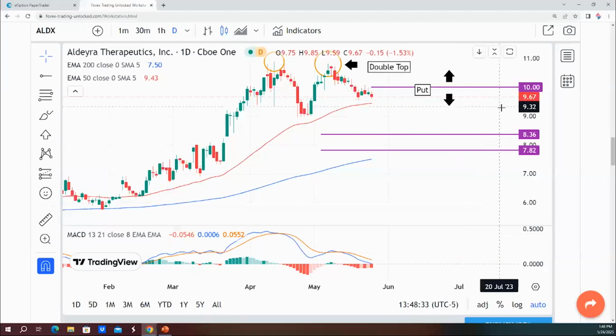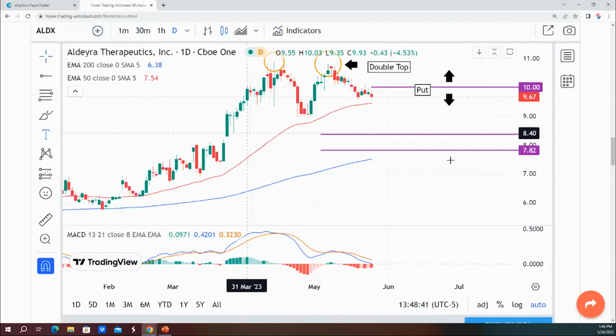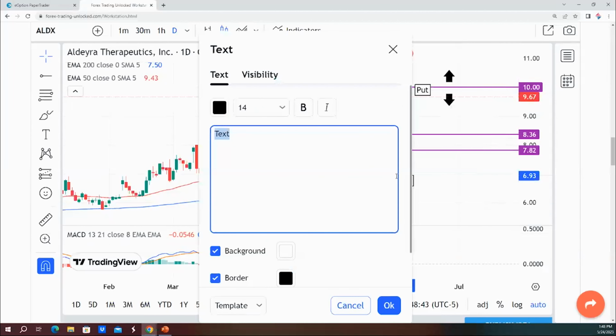Remember, we were trading at 9.67. So if we get down over here, what's our total distance? Right now we have a $10 strike put that costs $140.